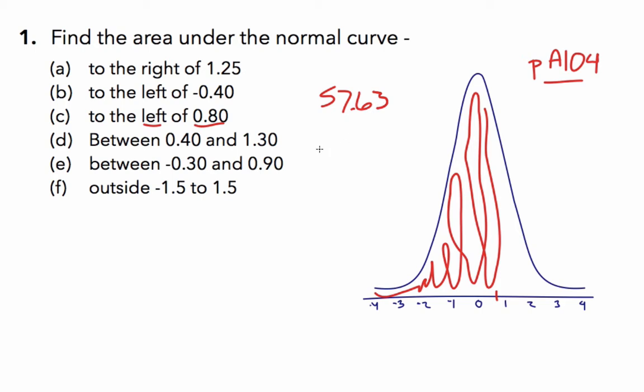This is the area between negative 0.8 and positive 0.8. If we subtract that from 1, we get 0.42. Half of that is 0.21.